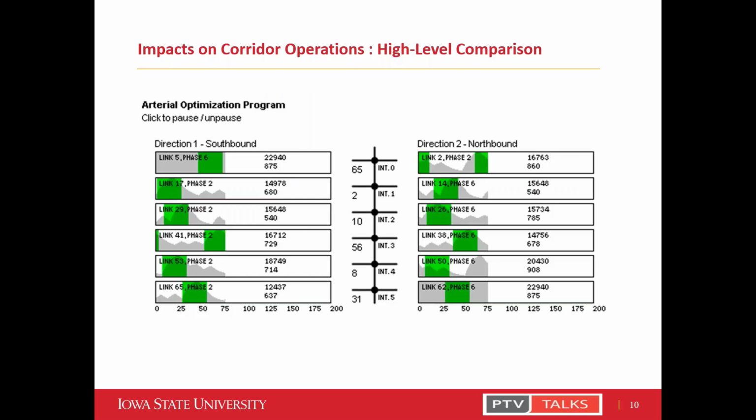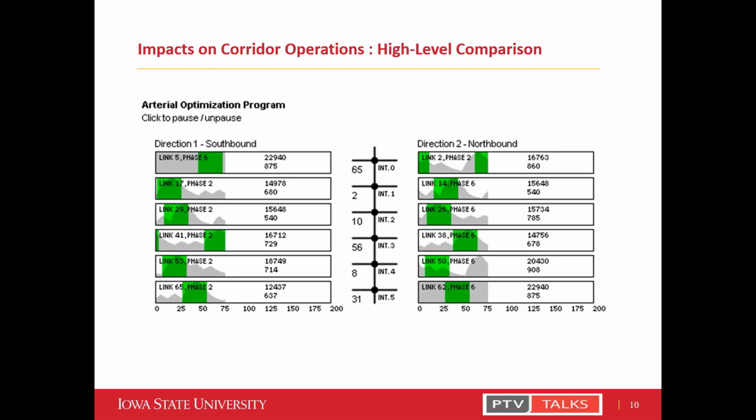For the second and third experiments, we analyzed the impacts of phase sequence on corridor operations. For the first of these, we looked at the impacts of phase sequence for a series of corridors with random intersection spacing.